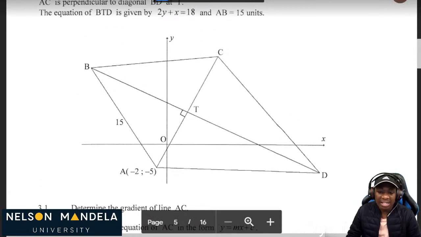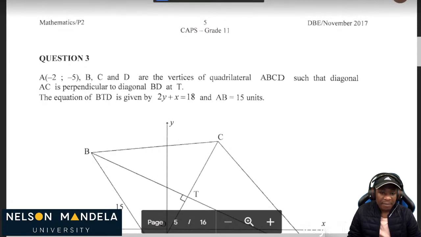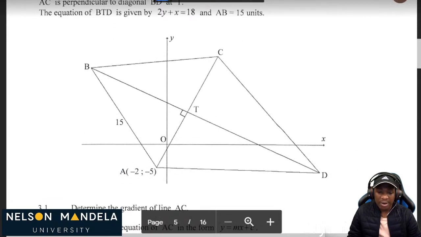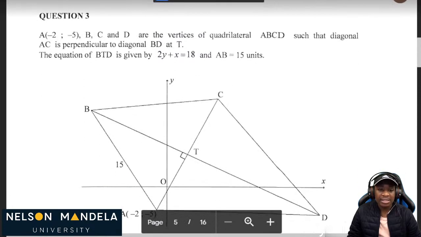Sort of like it's a kite, but it has many diagonals. Okay, let's go. Where is A? This is our A with the coordinates (-2; -5). Then we also have B, we also have C, and we also have D.